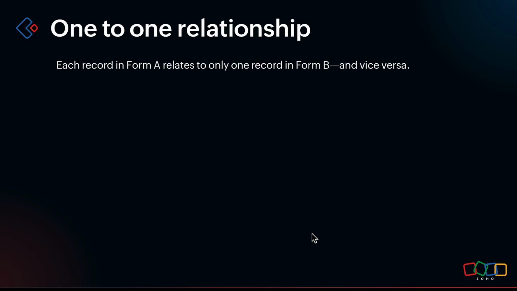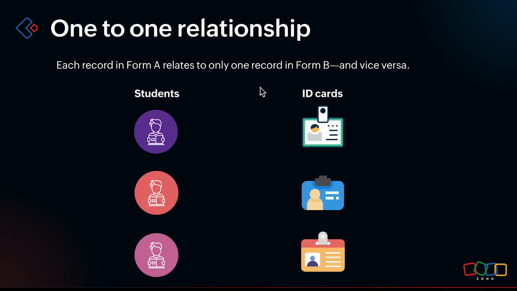So first we have the one-to-one relationship. As the name suggests, one record in form A can be associated with only one single record in form B, right? So this is the meaning of a one-to-one relationship. To understand this with a use case, let's consider you have a list of students who have enrolled into your university, right? So these students will be provided with an ID card of their own.